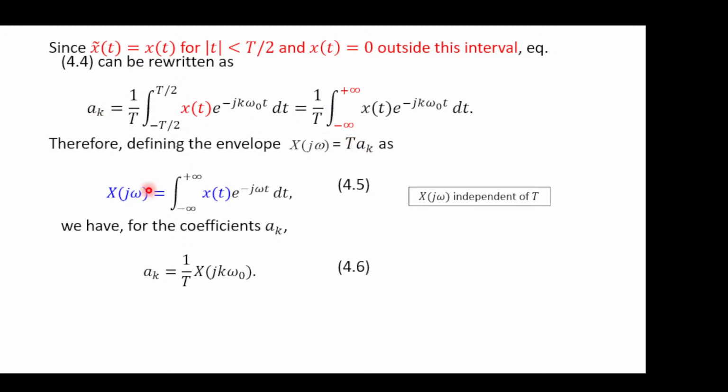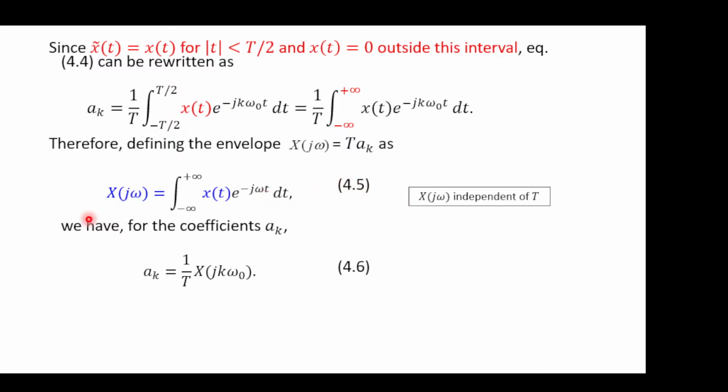So if we have T times a_k once again, now this thing is independent of our big T. Because if you multiply by big T, then this 1 over T disappears. Then you have the integration of x of t e^{-jkω₀t}, but once again, we say kω₀ is just ω. So this is e^{-jωt} dt.